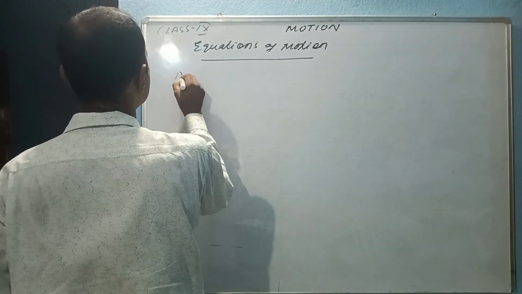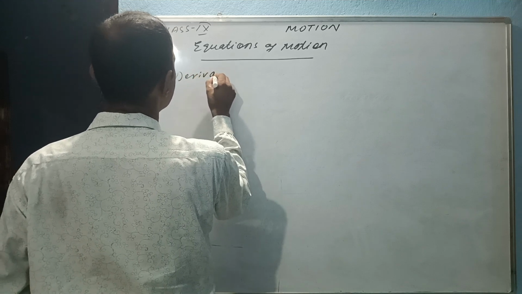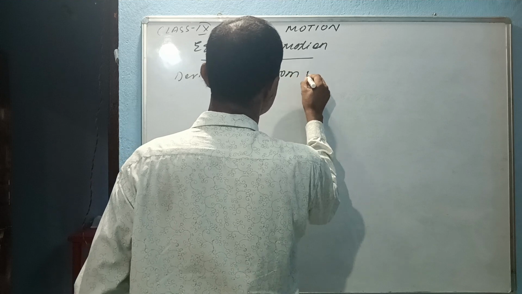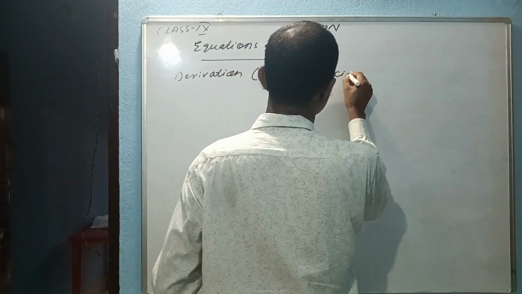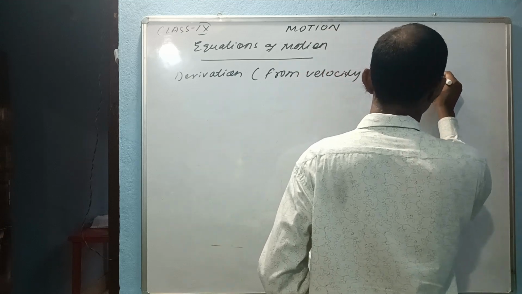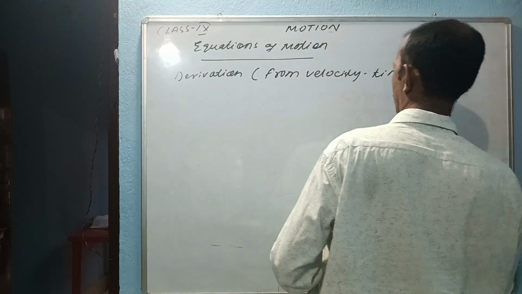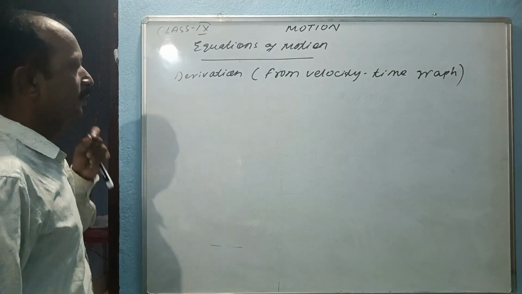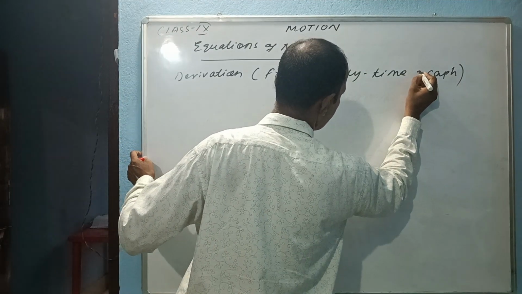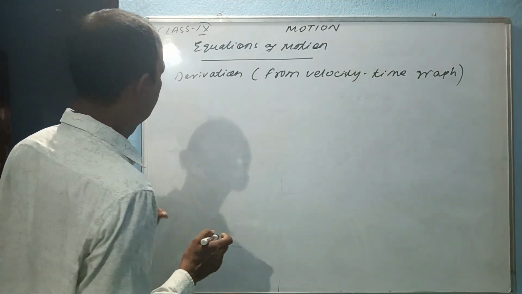So, derivation. From where? From the velocity versus time graph. Let us see. From velocity time graph.